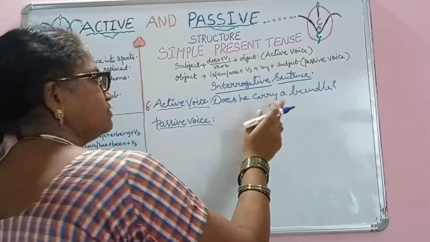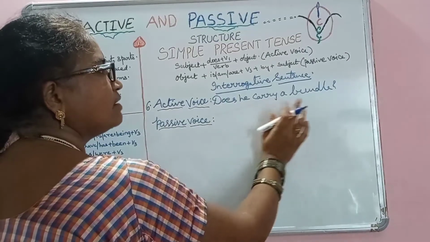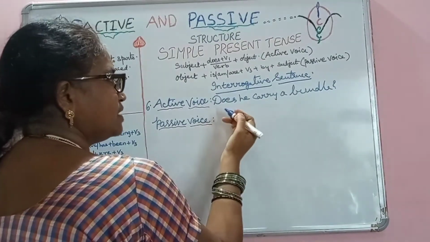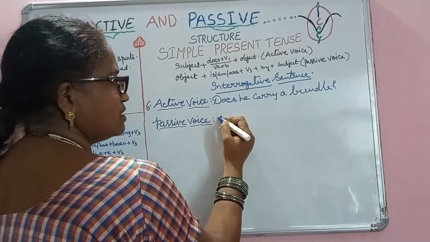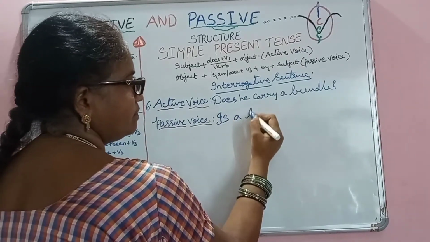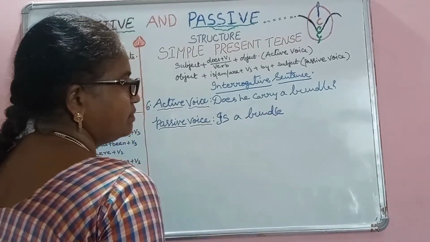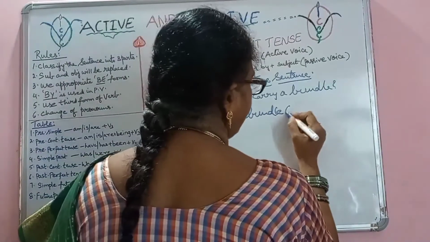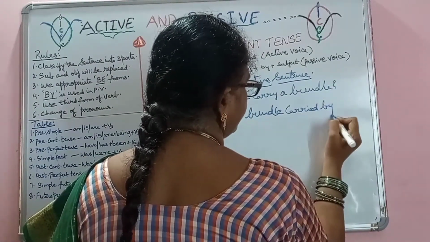This is an interrogative sentence. This is the 6th sentence what we are explaining here. Does he carry a bundle? See here, the same question has to be changed into a passive voice as: Is a bundle carried by him?